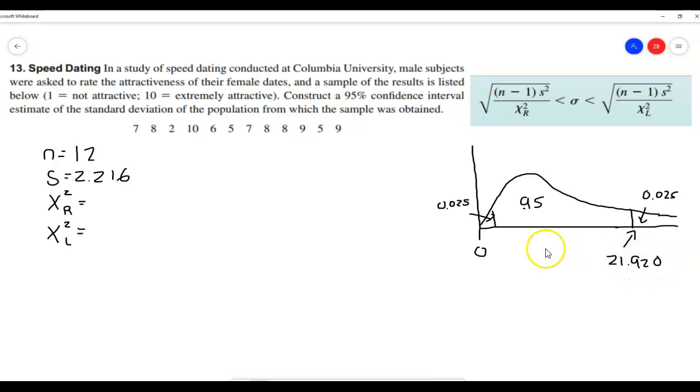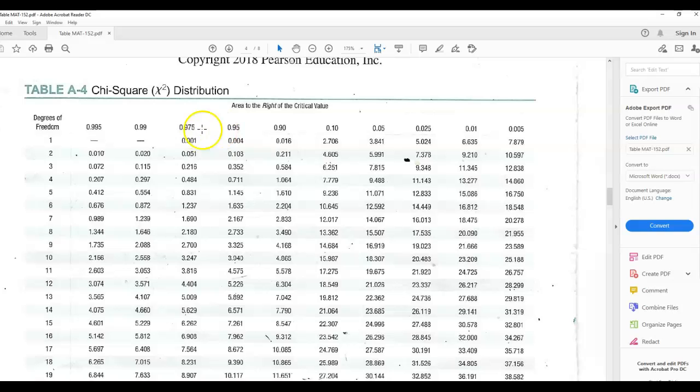So this is going to be 21.920. And then the area to the right of this critical value here is 0.950 plus 0.025. It's all of this area here. So that's going to be 0.975. So go back here and we're going to find 0.975, which is right here.